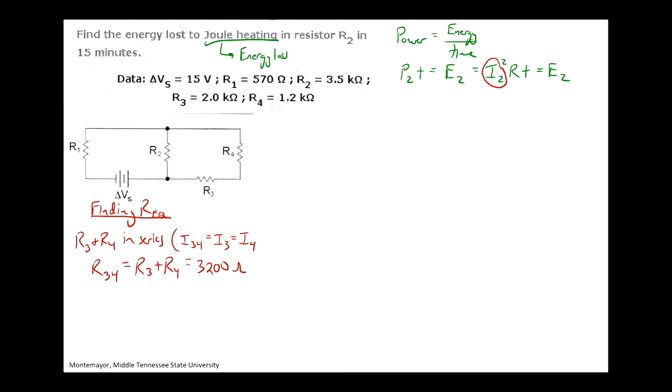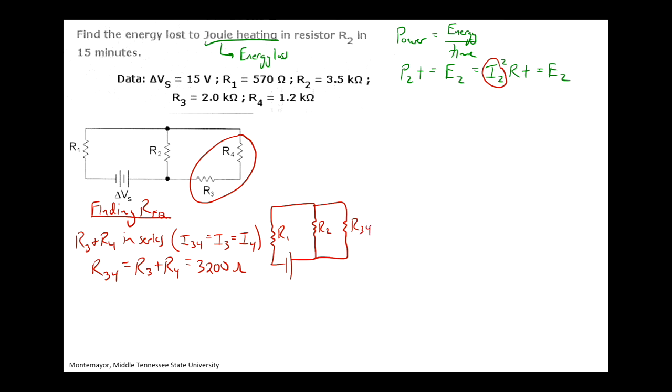Same amount of current when resistors are in series. So we have combined those two at this point, and if I wanted to, perhaps I could just redraw the circuit really quick. Something like this is where we stand now. So we've got R1, R2, and R34.